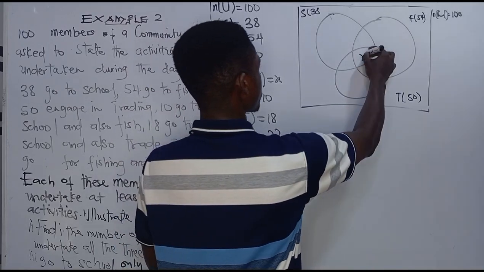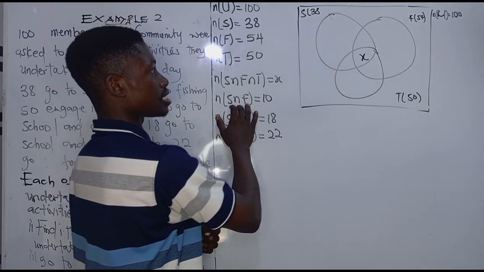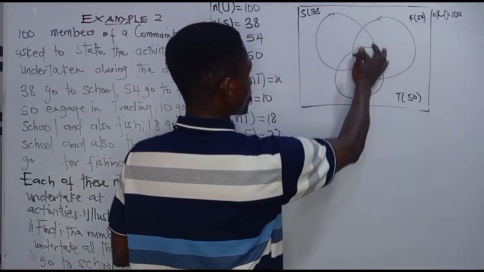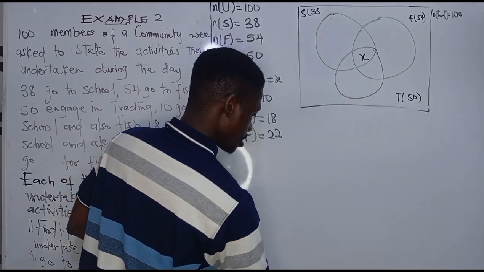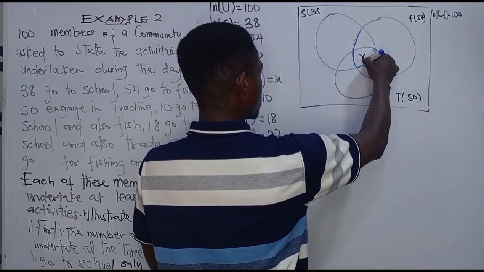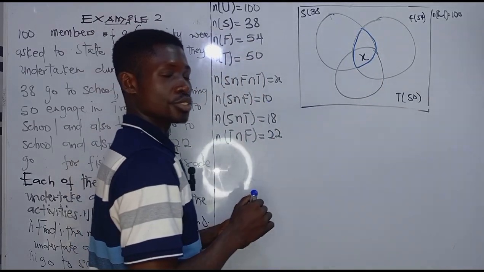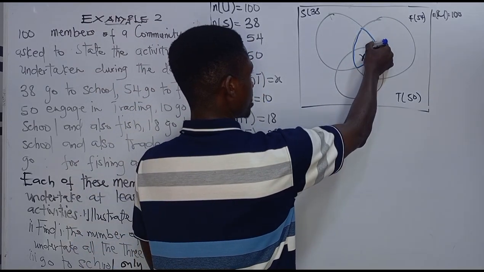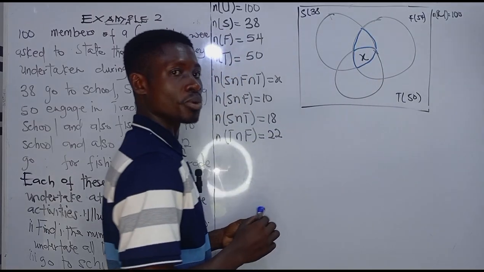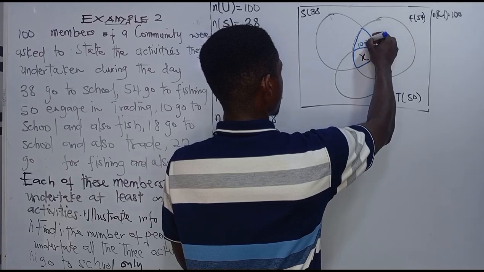So we have X. Now we are saying that school and fishing, the whole of this region, is what? 10. So if you are looking for this particular region, it is going to be 10 minus X.